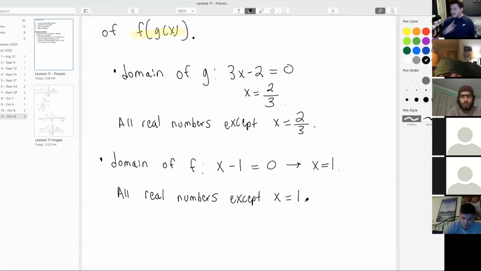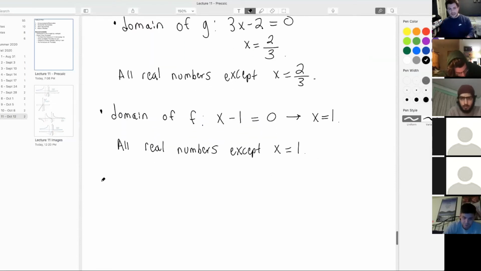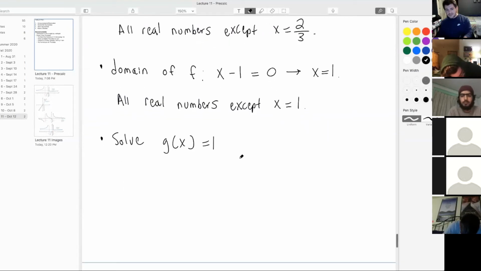Now, the third and probably most important step is you need to solve g of x equal to 1 and exclude this solution from your domain.